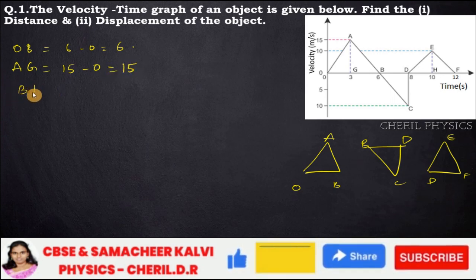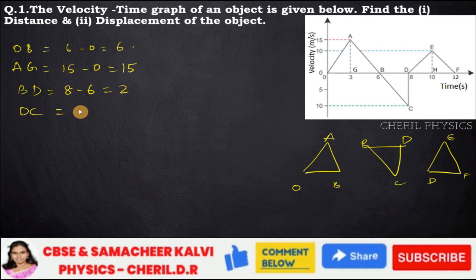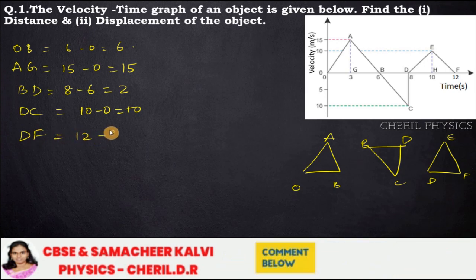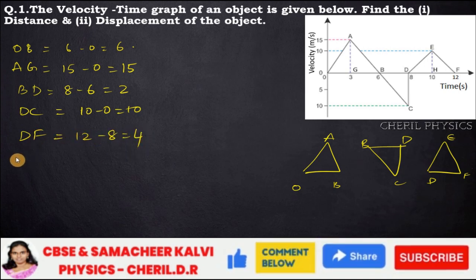Likewise BD was 8 minus 6, which is 2, and DC was 10 minus 0, which was 10. Your DF was 12 minus 8, which is 4, and your EH was 10 minus 0, which is 10.